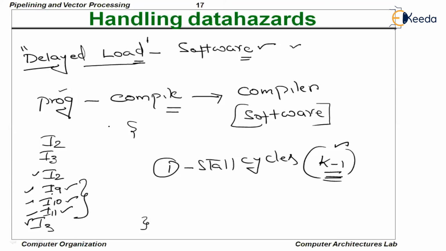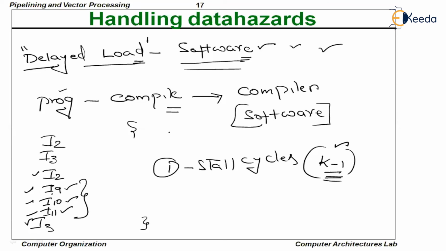So obviously, you can feel that delayed load is the best technique, but the problem is, it's a software technique. There is no guarantee that every compiler is going to have the additional code which identifies the dependencies. We can't get the guarantee from the compiler designers. If the compiler designer doesn't add this code, then the compiler will be a normal compiler which is not going to identify any dependencies.